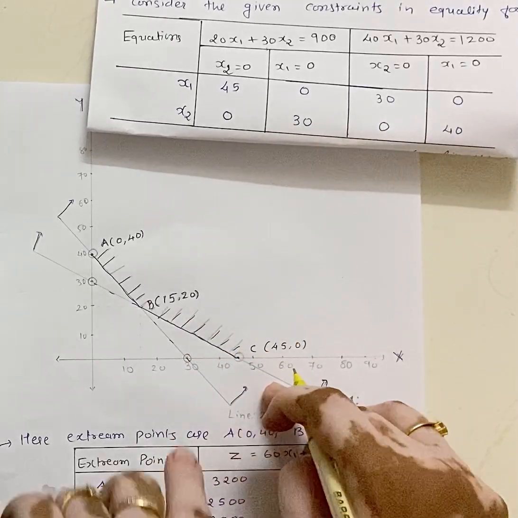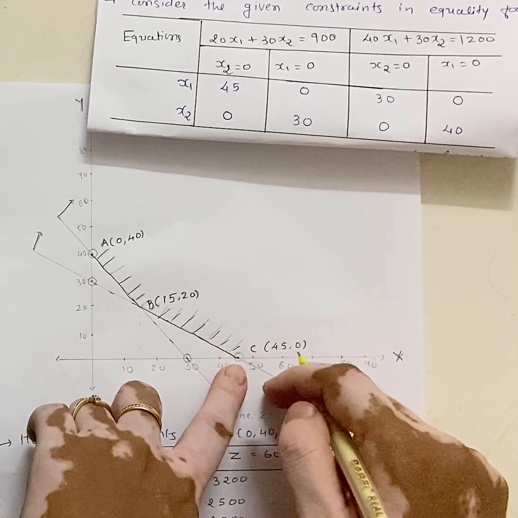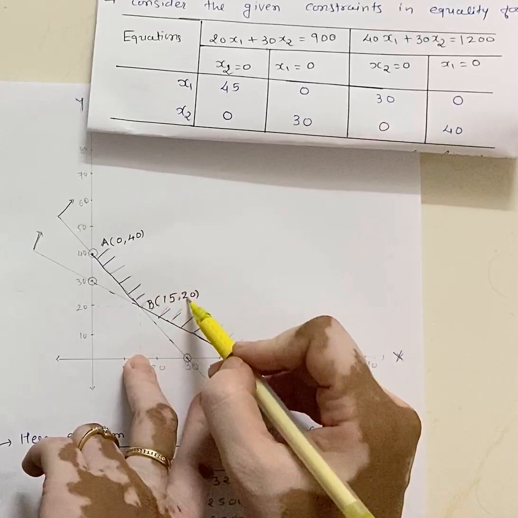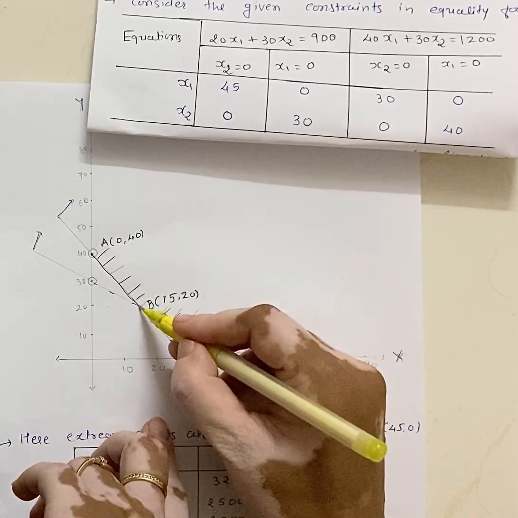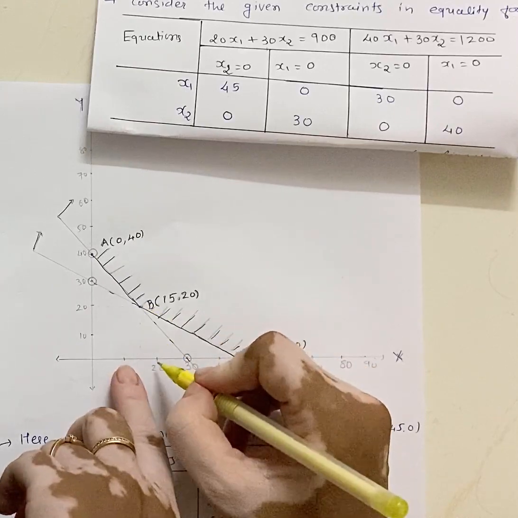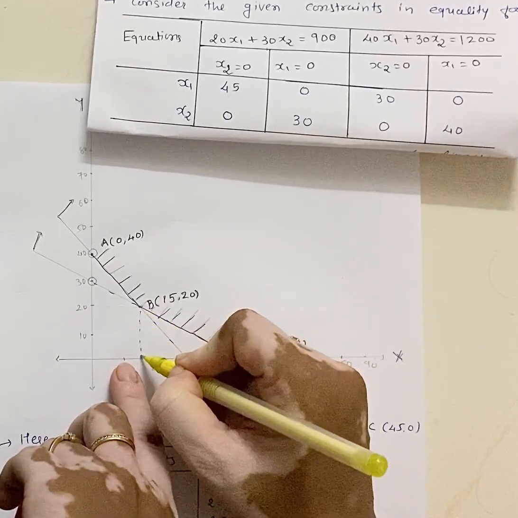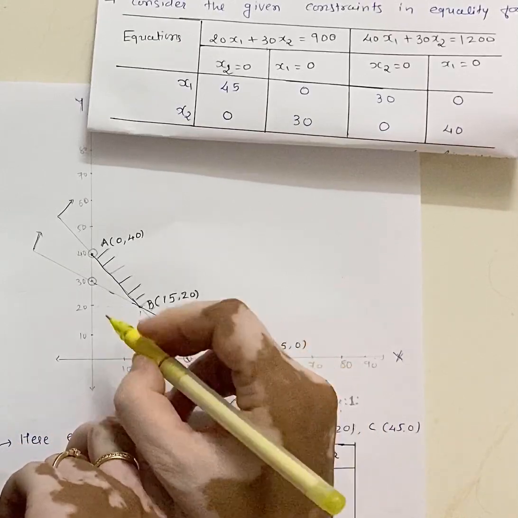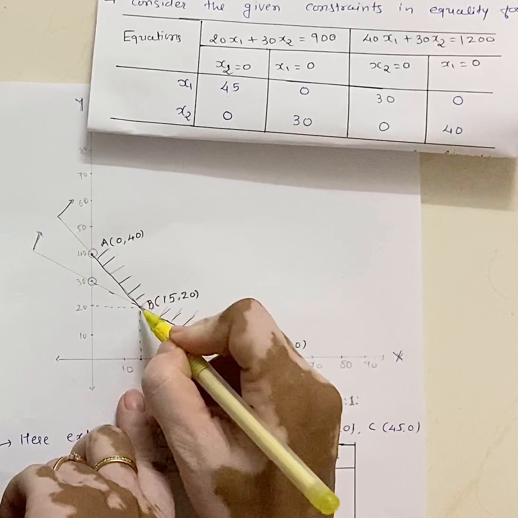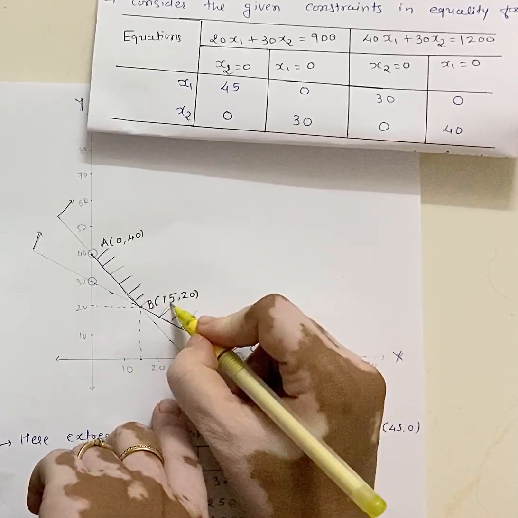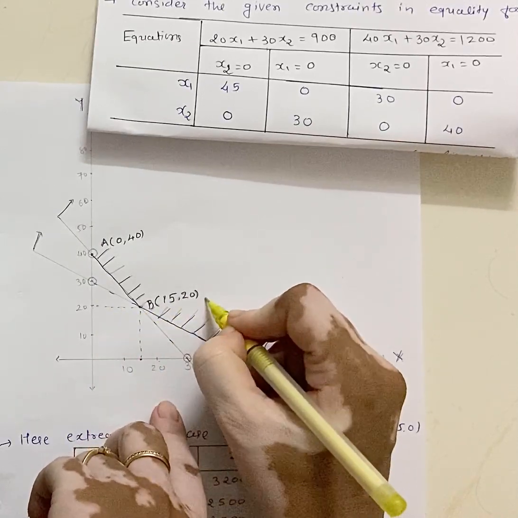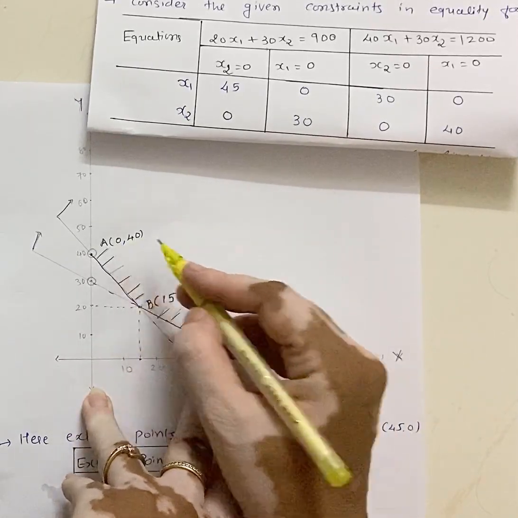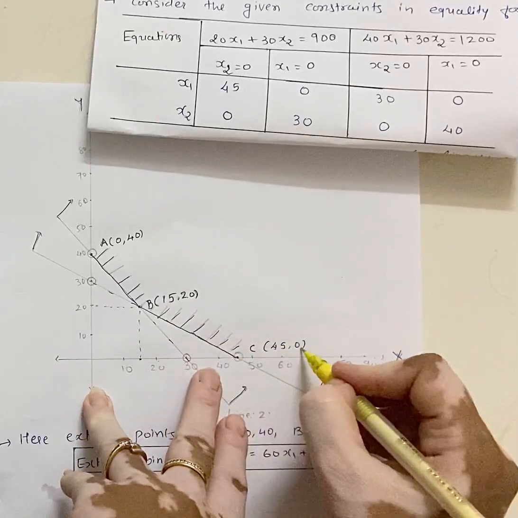Now we have to find the intersection points. The point 0, 40 is one, and this is also a point. Here it lies between 10 and 20, so we get 15, and it is parallel to 20, so the point becomes 15, 20. So there are 3 extreme points: 0, 40; 15, 20; and 45, 0.